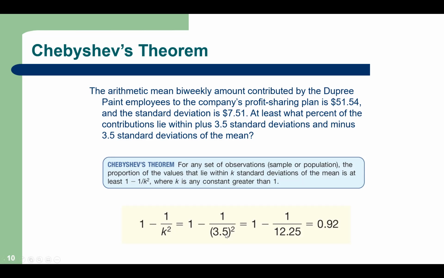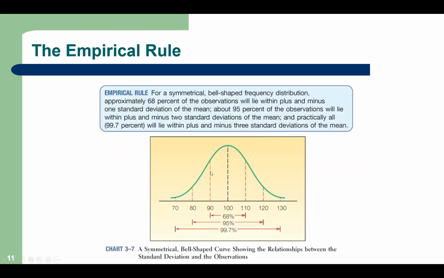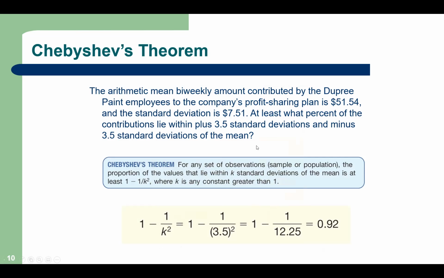If we take 3.5 standard deviations, where 7.5 is 1 standard deviation, and add it 3.5 times, then 1 minus 1 over 3.5 squared gives 0.92. 3.5 squared is 12.25. It shows what happens if we go 3.5 standard deviations above this mean and below this mean.